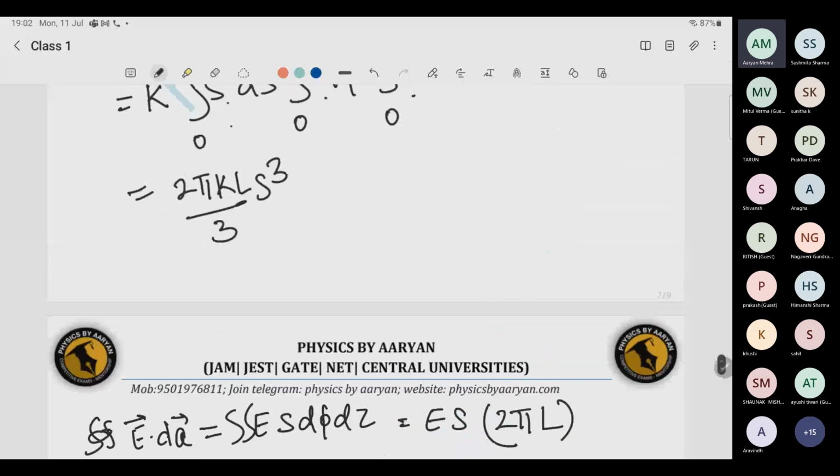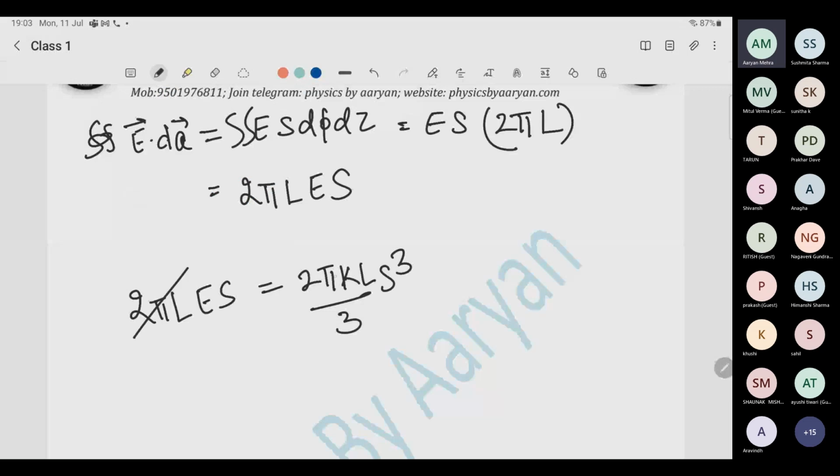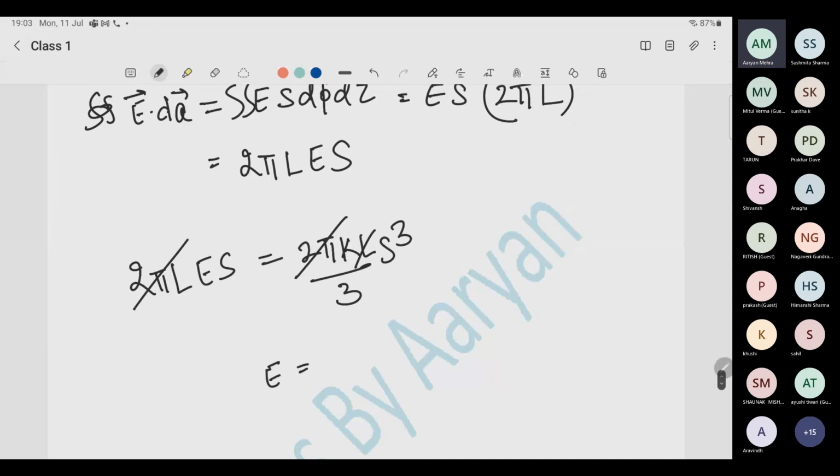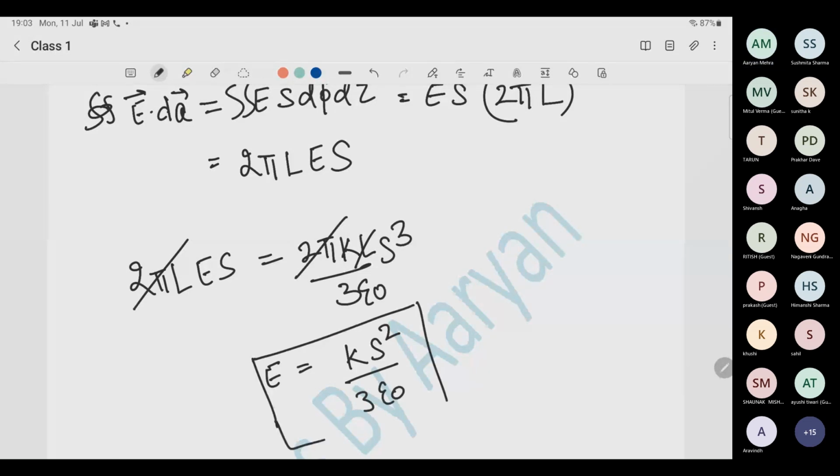This is our charge enclosed, so let's copy it and paste it here. 2 pi cancelled. L is also cancelled. So our electric field is kS squared by 3, and there will be epsilon naught also, 3 epsilon naught. So have I done all the steps right? Everybody satisfied?